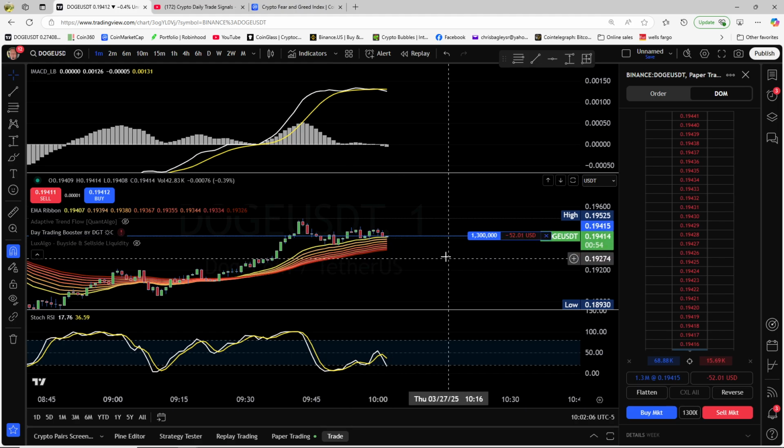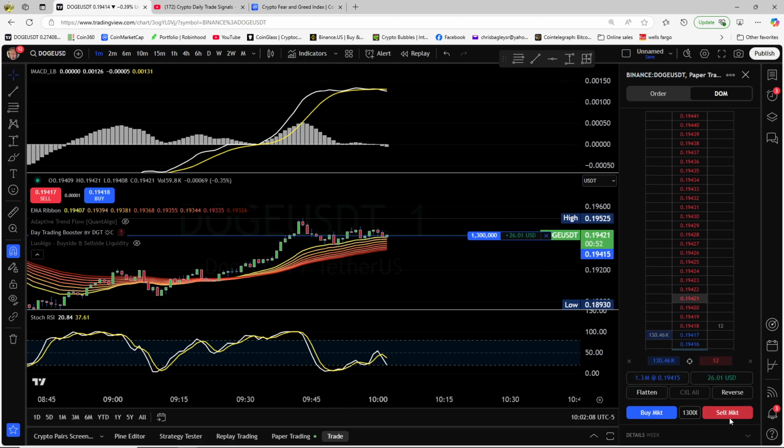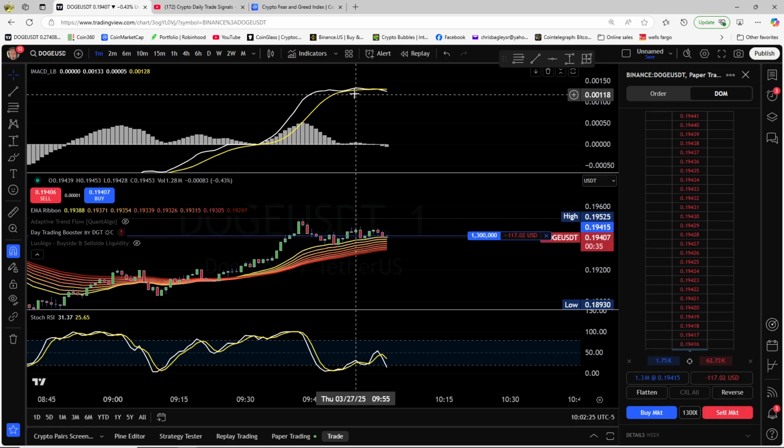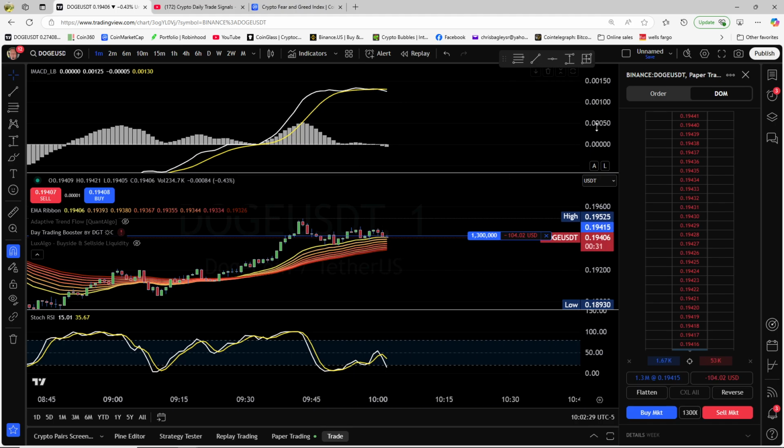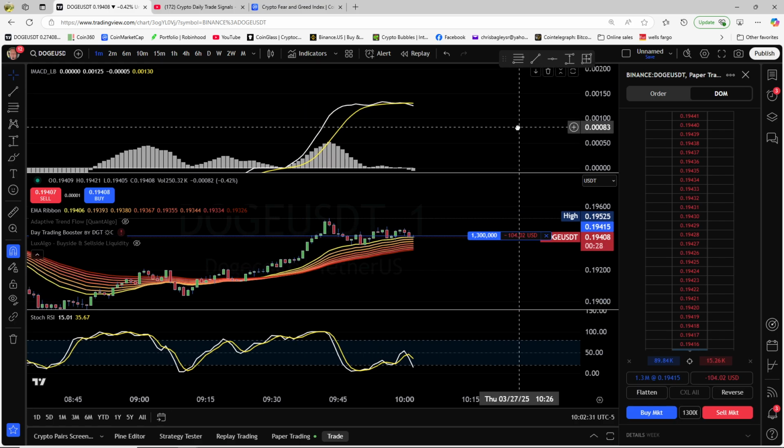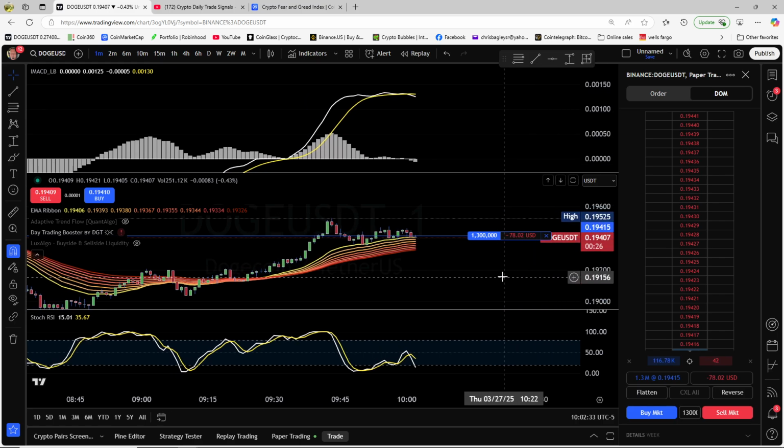Yeah, they're gonna push it down. I'm gonna get out of this trade as soon as it goes up a little bit. Reason why I say that is because the white line is crossed below the yellow up here. Usually when that happens, we're going into a downtrend.